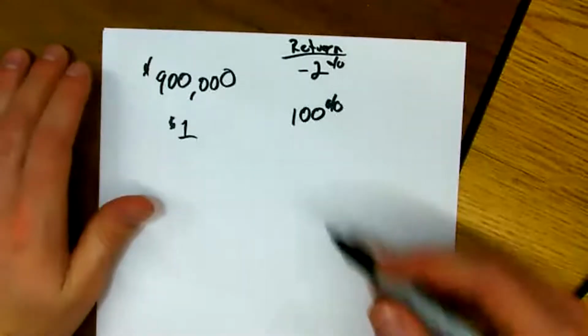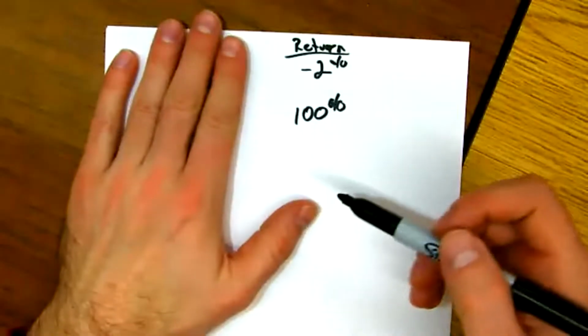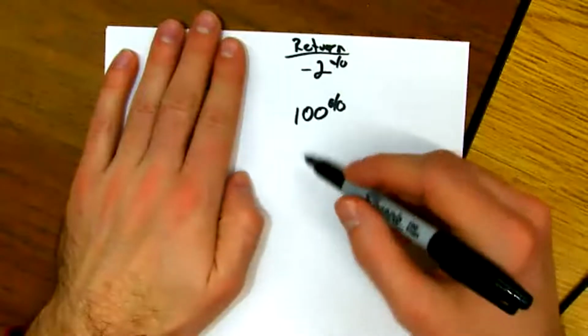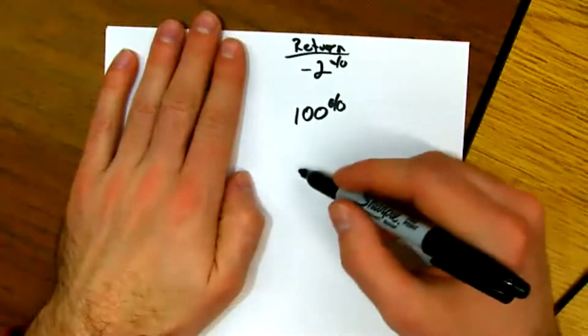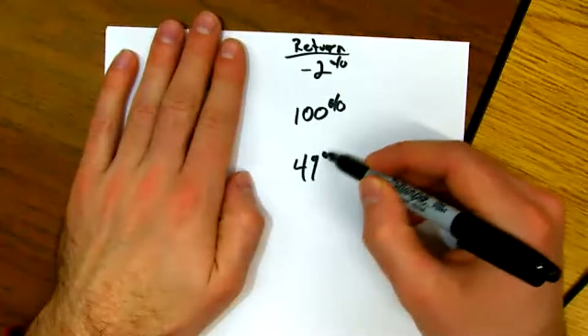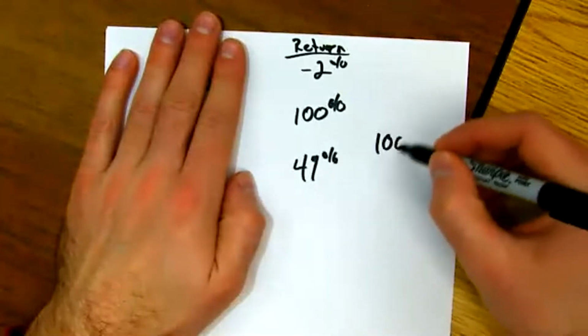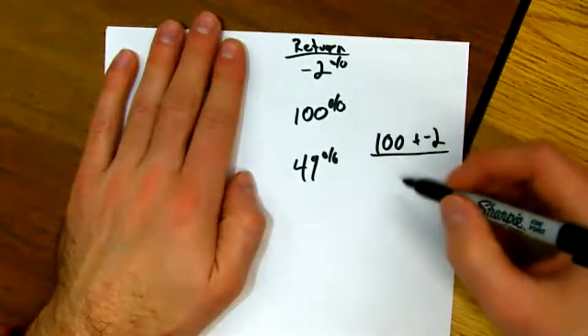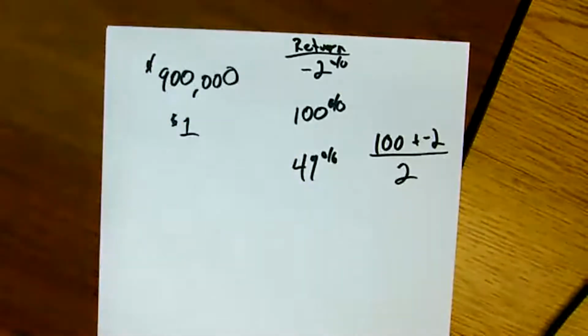Well, that could be really misleading. If I didn't look at the amounts invested, I'm going to think that my average return here would be, if I'm doing the math in my head correctly, 49%. 100 plus negative 2 divided by 2, yeah, it should be 49%.